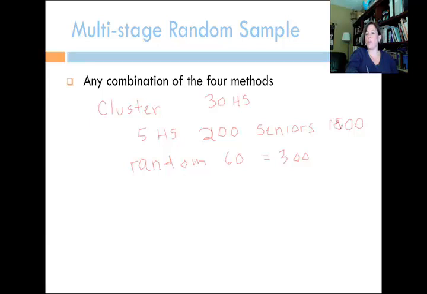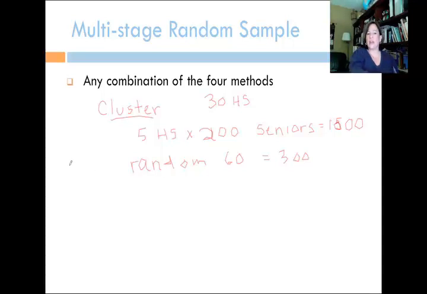We actually have 1,000 possible. Okay. So this is multi-stage because not only did I first cluster by high school and randomly select 5 high schools for a potential of 1,000 graduating seniors, but then I randomly selected individuals within those high schools.